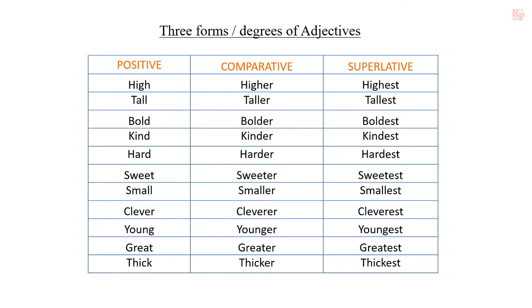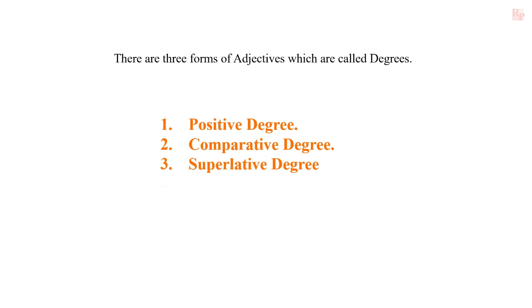Though all these are adjectives, they appear as per the context. All of them are adjectives, but these are different forms of those adjectives. The adjectives have different forms. Those are positive degree, comparative degree, and superlative degree.